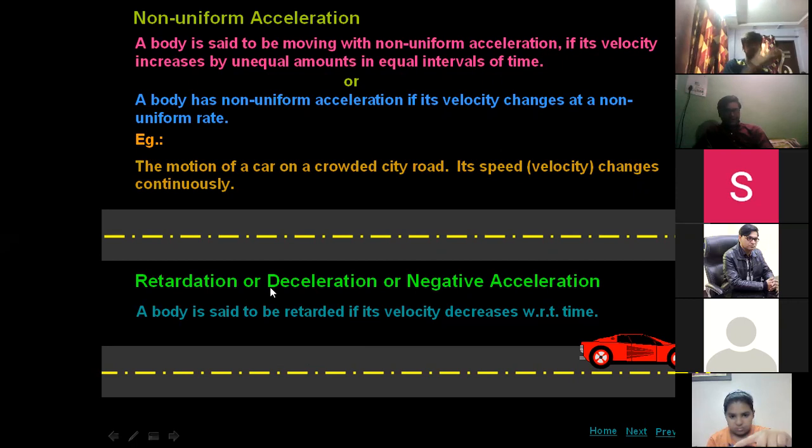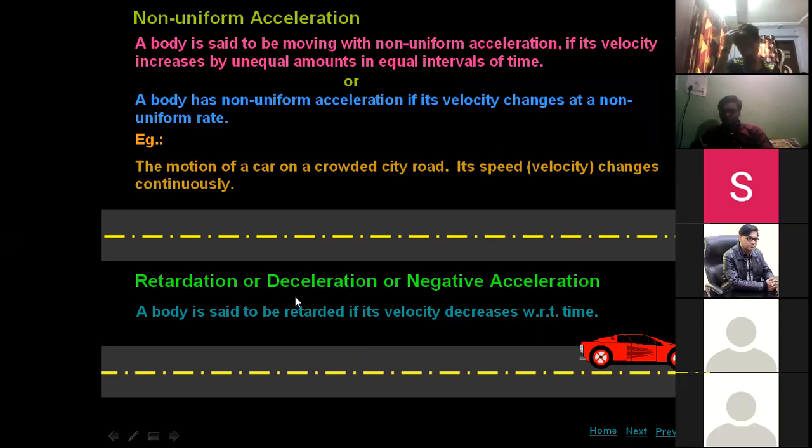So this is called retardation, because when we apply the brake, this also causes acceleration, but acceleration is negative with respect to the motion. So it kills the motion and brings the body to rest. So this is called retardation or the negative acceleration or deceleration. Is it clear? Students, is it clear? Yes.